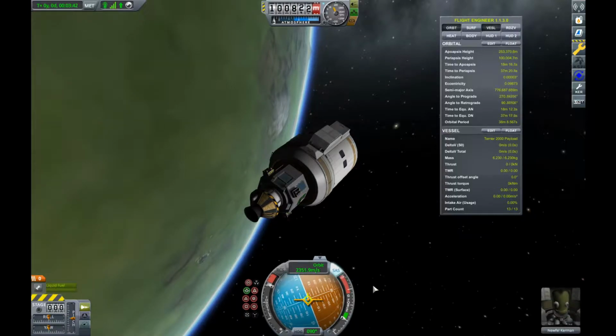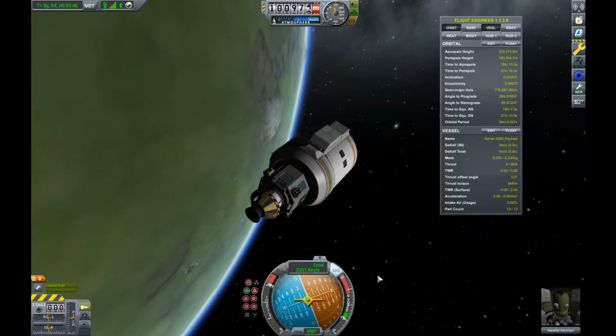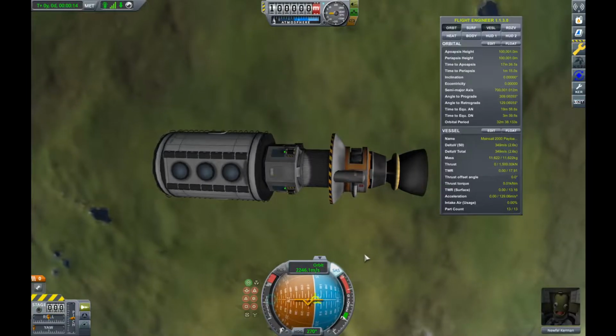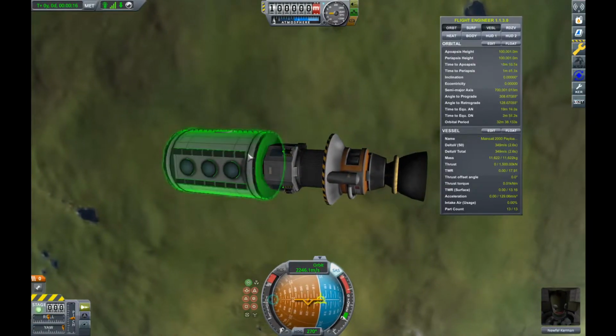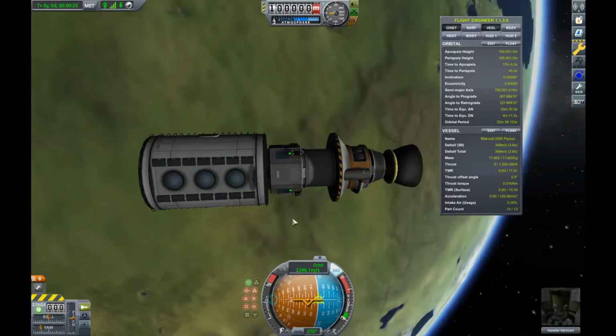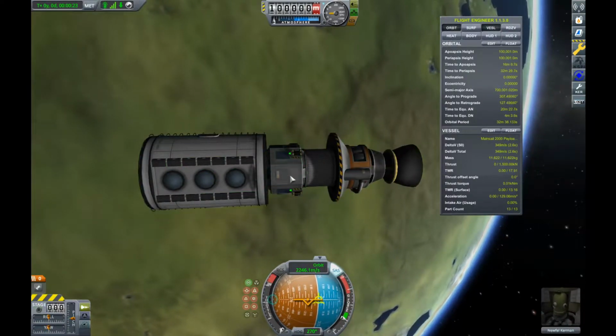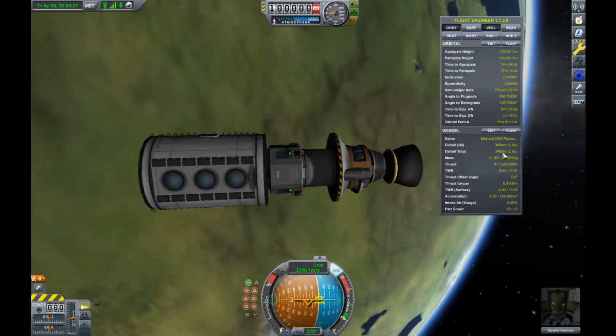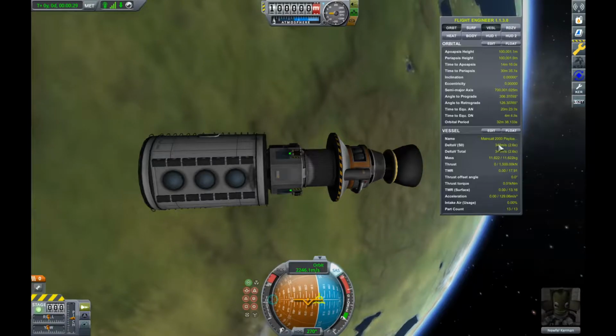Now, let's repeat our experiment with a different craft again. And yep, we're back with another science lab. So this is just, again, dumb payload, and we've got exactly the same setup as we had with the 500 meters per second delta V earlier.